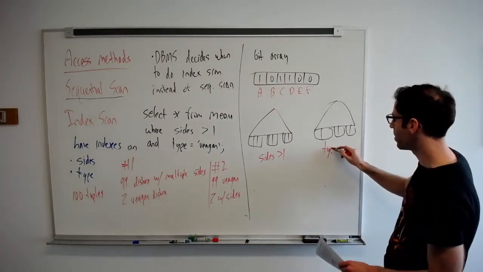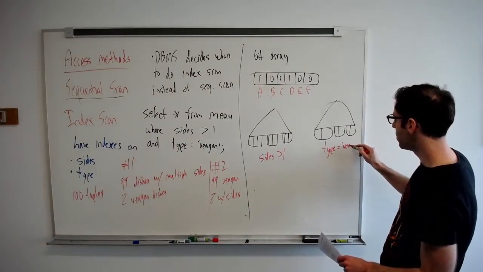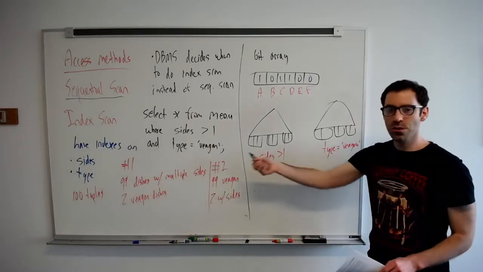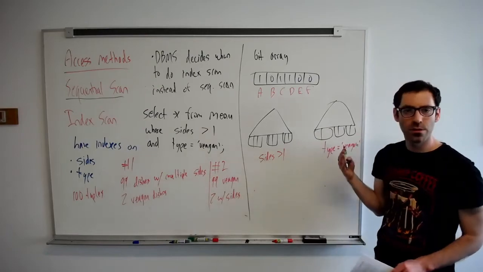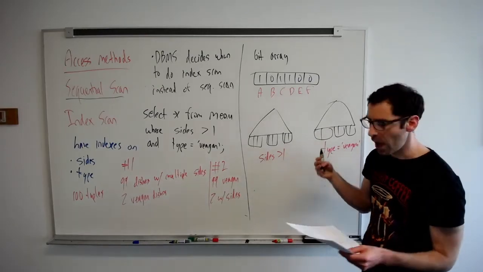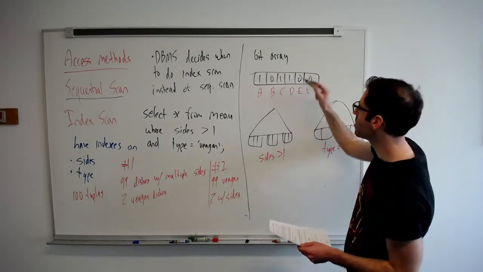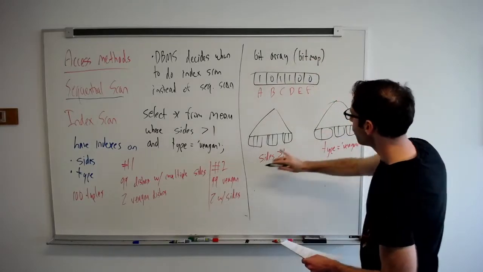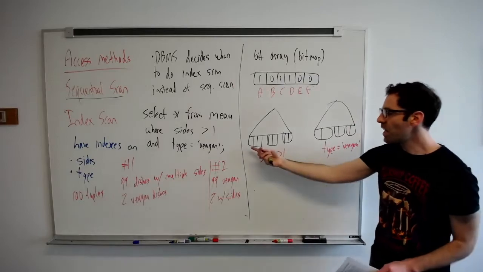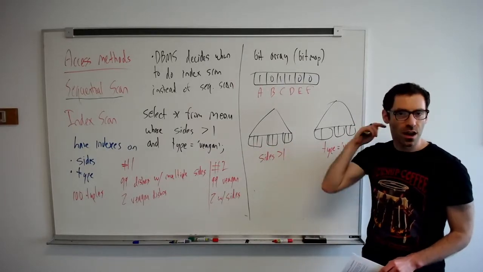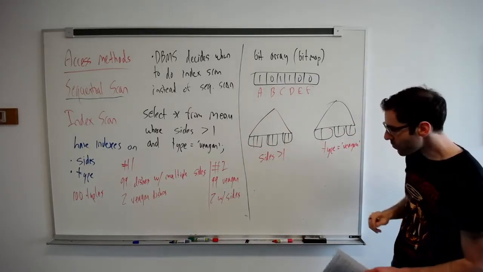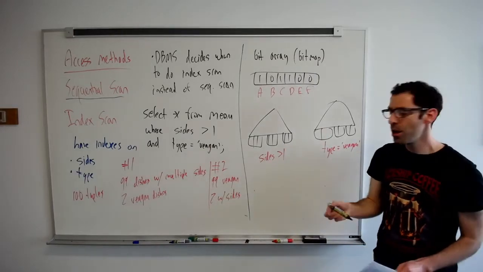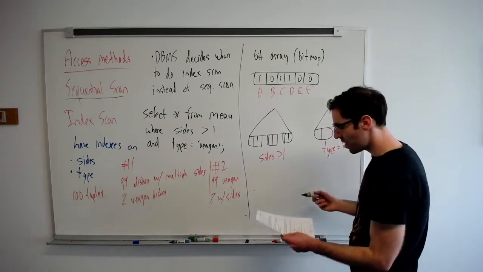We want type equals vegan. And what we can do is scan both of our indexes and produce a bitmap for each of them, indicating which of the records met that criteria.